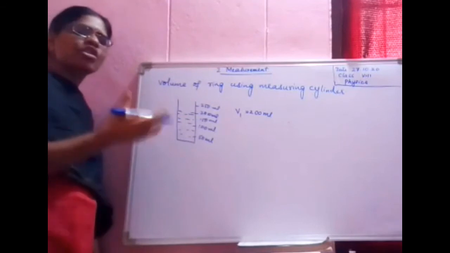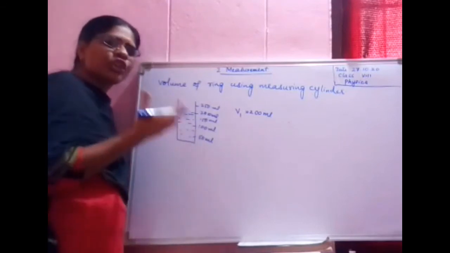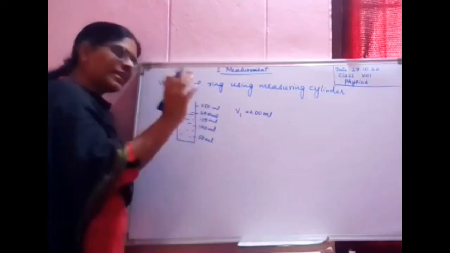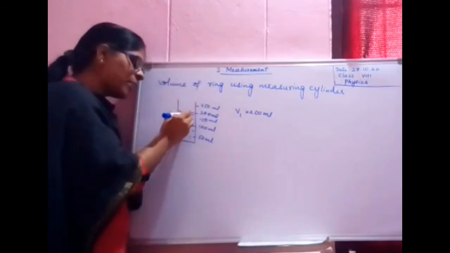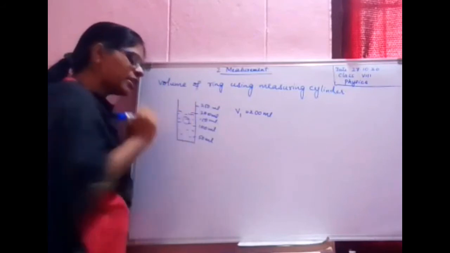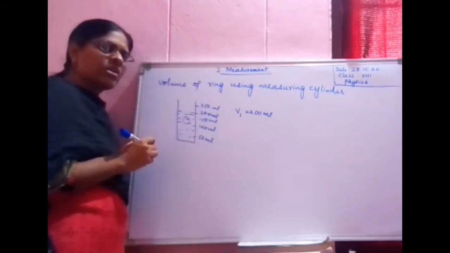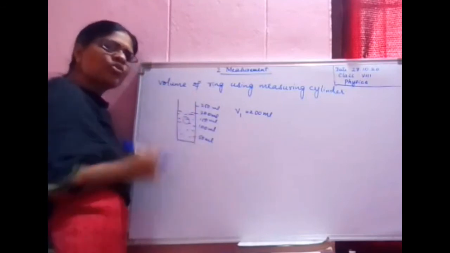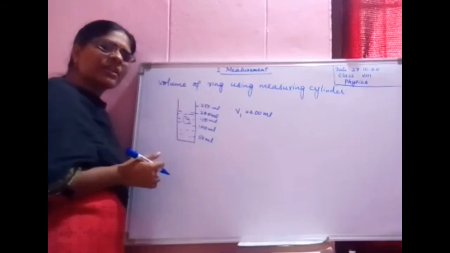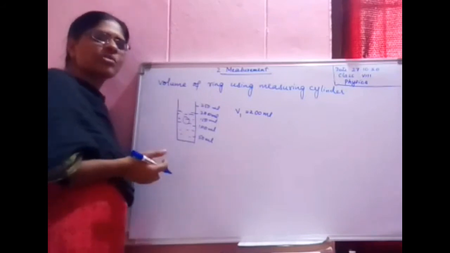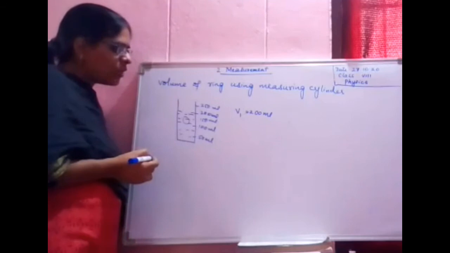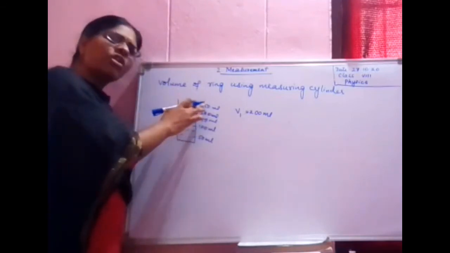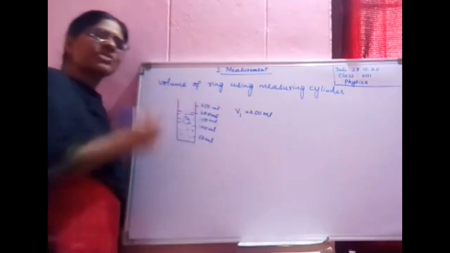Now, whatever object whose volume you want to find, drop it. Now I am taking a stone, let us assume. Now I am dropping the stone inside the water. Does the stone stay there or does it move to the bottom of the measuring cylinder? It moves to the bottom of the cylinder. Now, observe the volume of the liquid in the measuring cylinder.